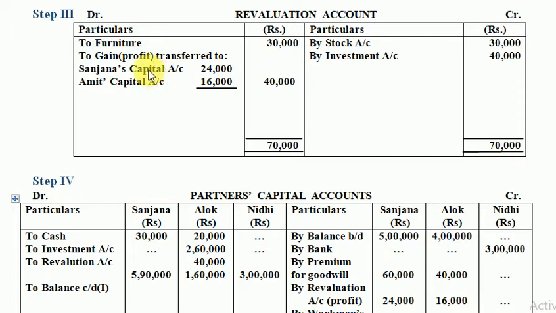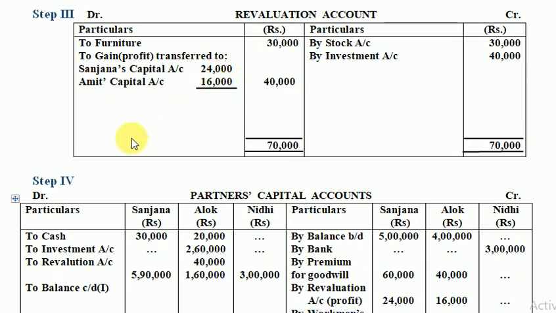So there is a gain on revaluation of assets and liabilities, which is very simply transferred to old partners Sanjana and Alok in their old profit sharing ratio. So this profit on revaluation is 40,000, which is distributed in their old profit sharing ratio. I hope you understand this.